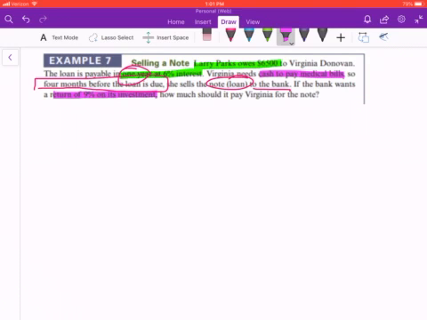So for this problem, we have to calculate two things. First, we need to find the maturity value of the loan. What I mean is, how much will the loan be if we go with the first option? That will include the present value to be the amount of the loan.